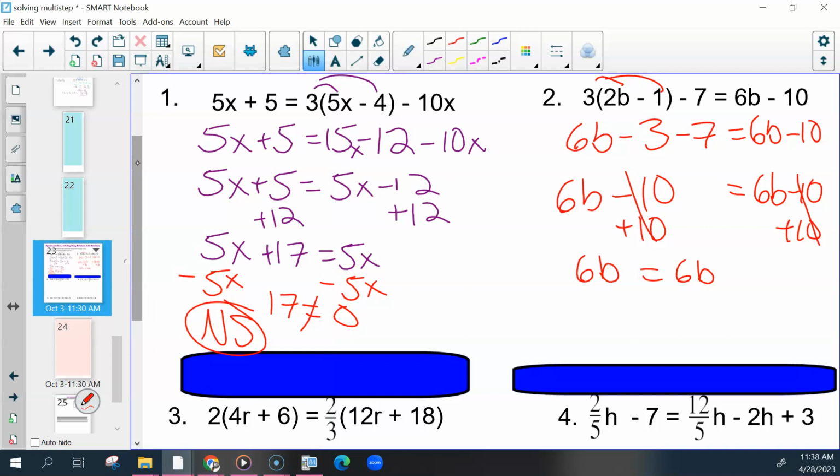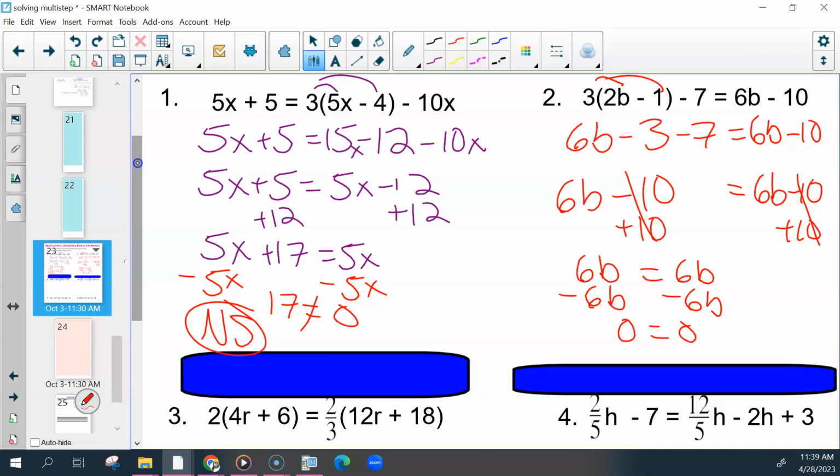Yes. But also, we still have to get all of these on the same side. It's already a true statement, but we have to make it more of a true statement. Get either this on this side or this on this side. So now it's a for certain true statement, 0 equals 0.